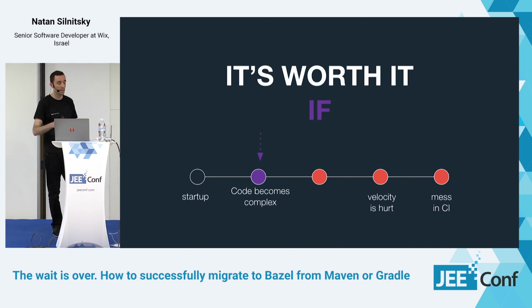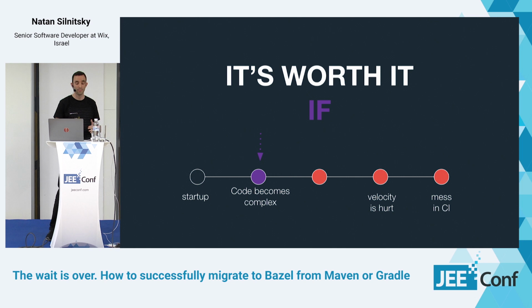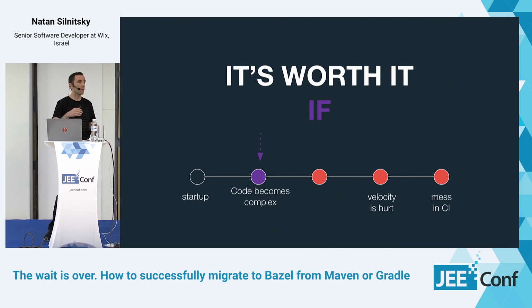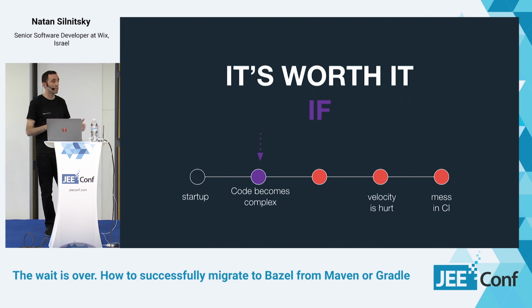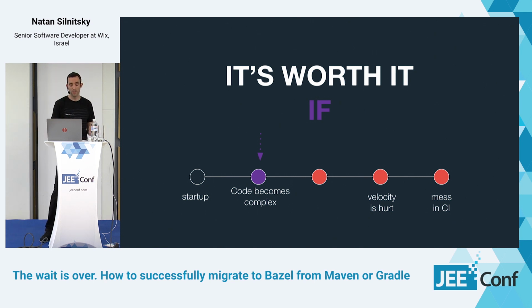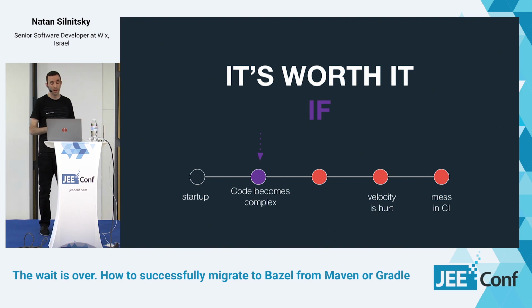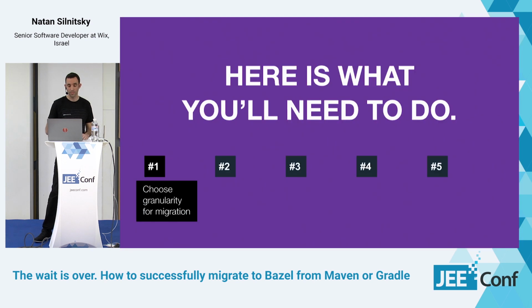For instance, for tests, you need to make sure that you don't just create files anywhere in your file system and access them, because Bazel will not allow it. So there are trade-offs here, but at some point it's highly recommended to make the switch.